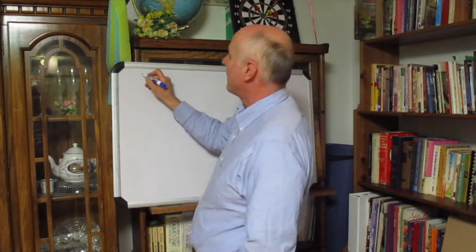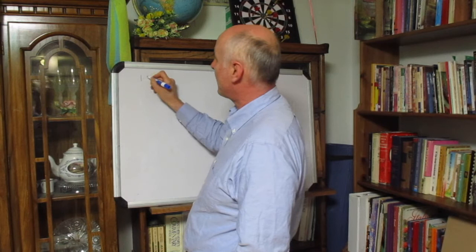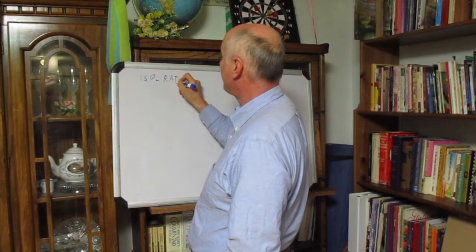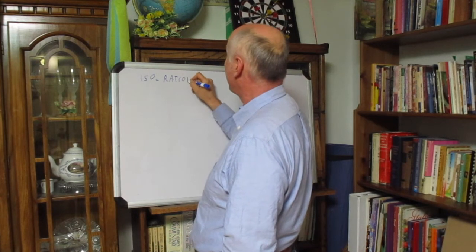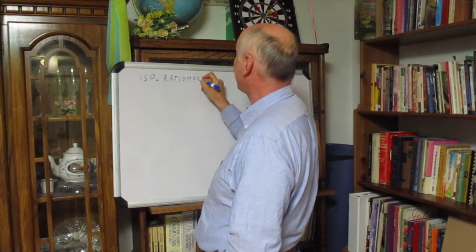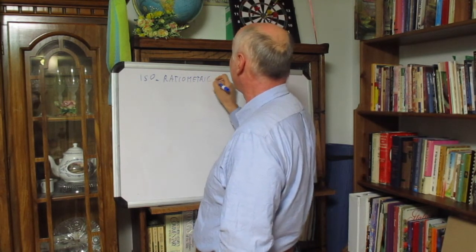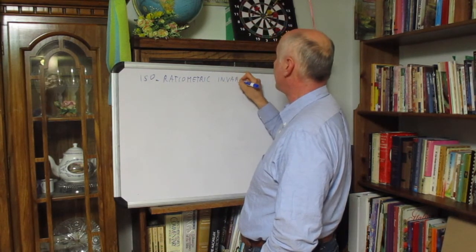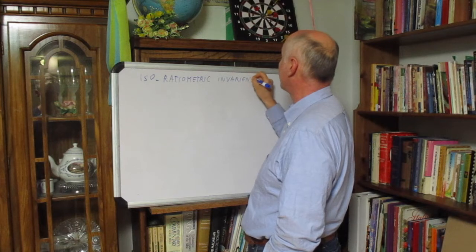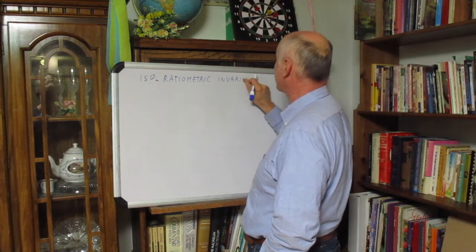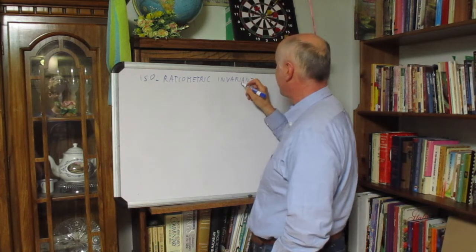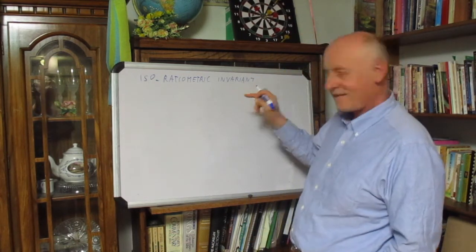And we're going to call this thing Iso Ratiometric Invariant. I misspelled it. It's an A. See that? Invariant. Okay.